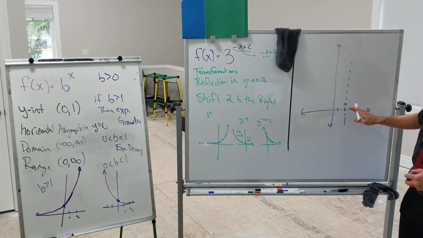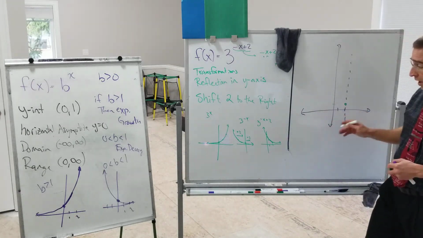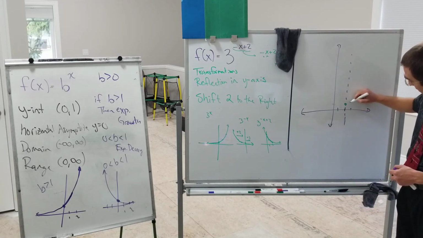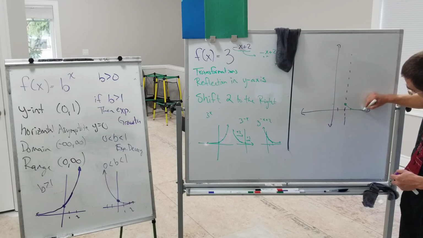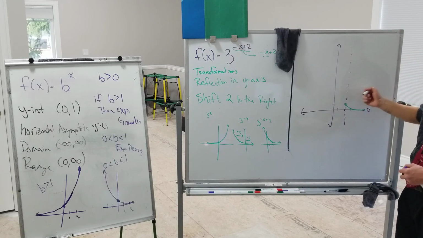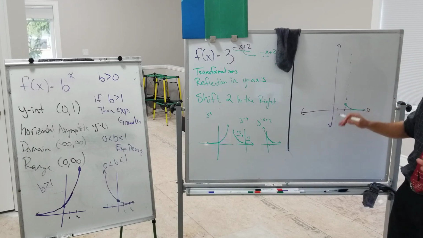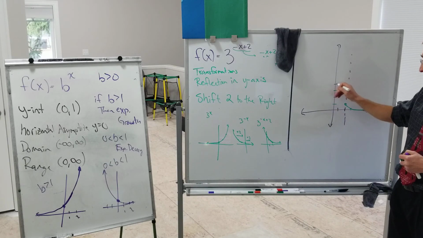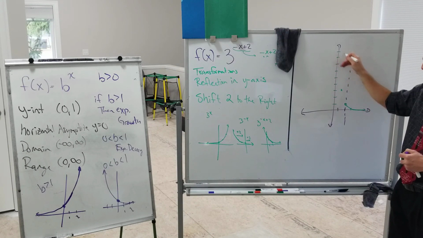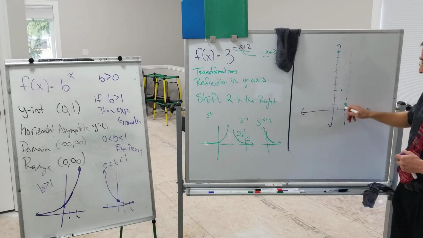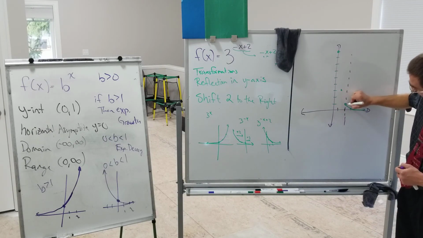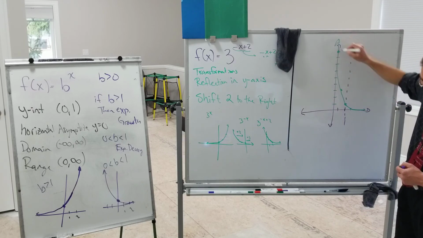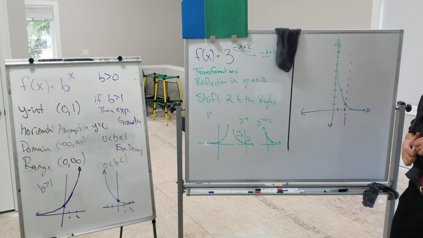Now, if I go to the right with a negative x, it's going to get smaller. So it's going to go to like 1/3 and smaller, approaching the asymptote. If I go to the left, it's going to multiply by 3. If I go 1 to the left, it goes up to 3. 1 more, multiply that by 3 again. I get up to 9, and there's my graph.